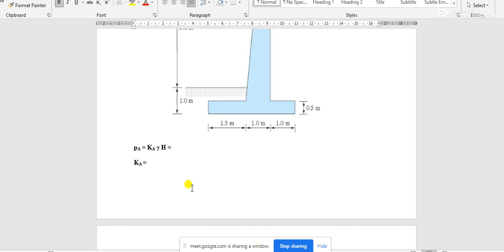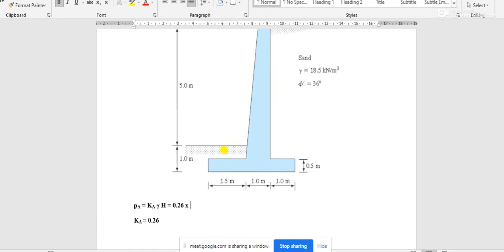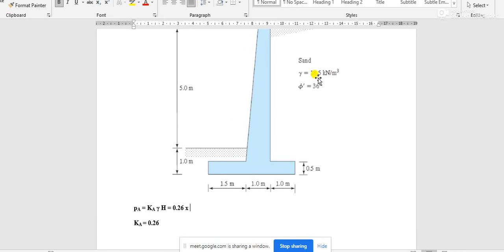The value you can calculate: 1 minus sin 36 degree divided by 1 plus sin 36 degree, that is approximately 0.26. Okay, that means PA is 0.26 multiplied by gamma, that is given 18.5.